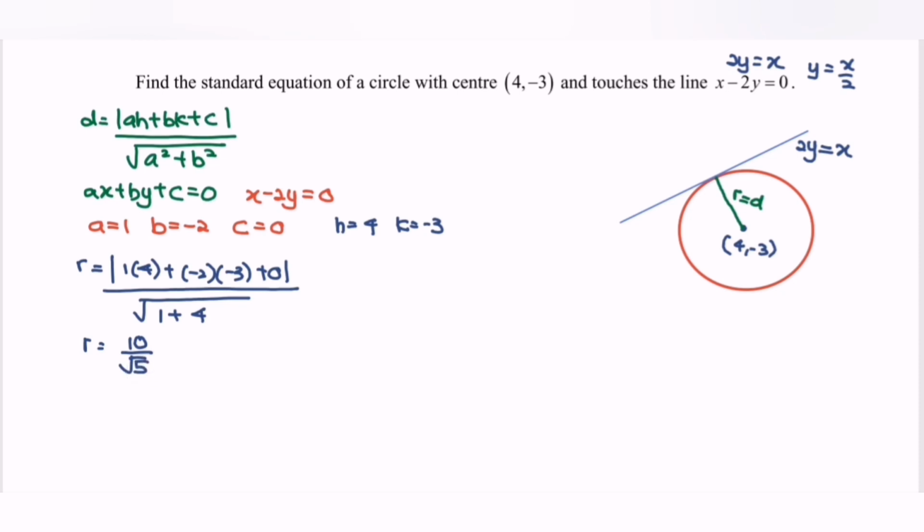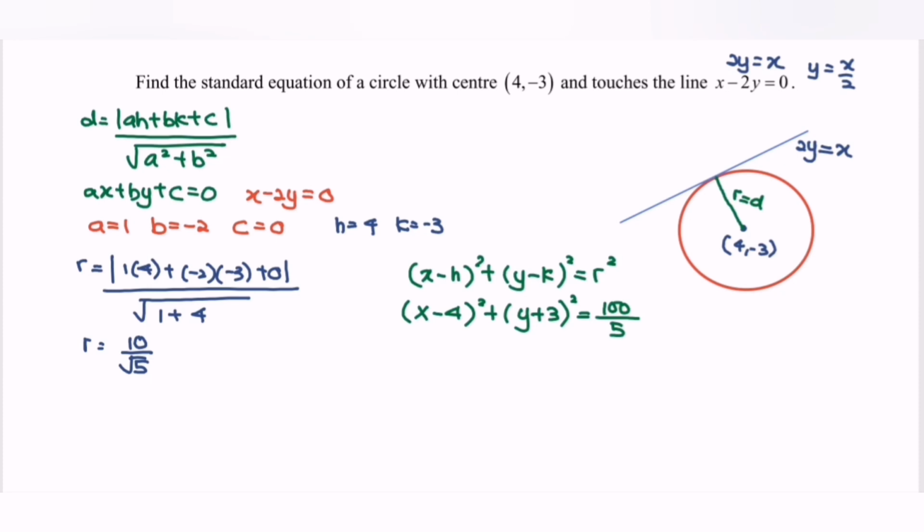Next, what we have to do is substitute into the standard equation of a circle, (x minus h) squared plus (y minus k) squared equals r squared. So (x minus 4) squared plus (y plus 3) squared equals 100 over 5 because of r squared.